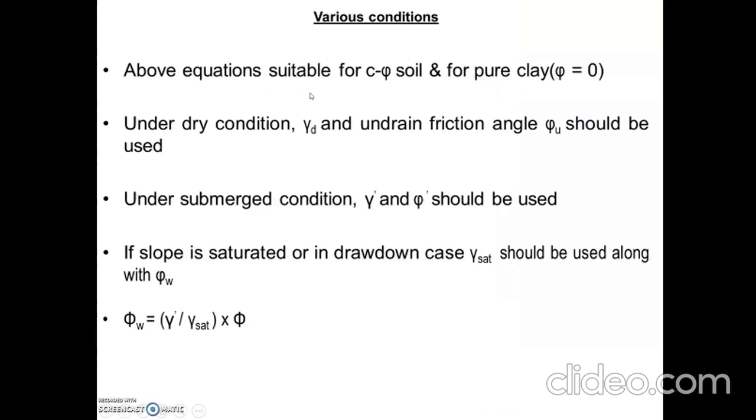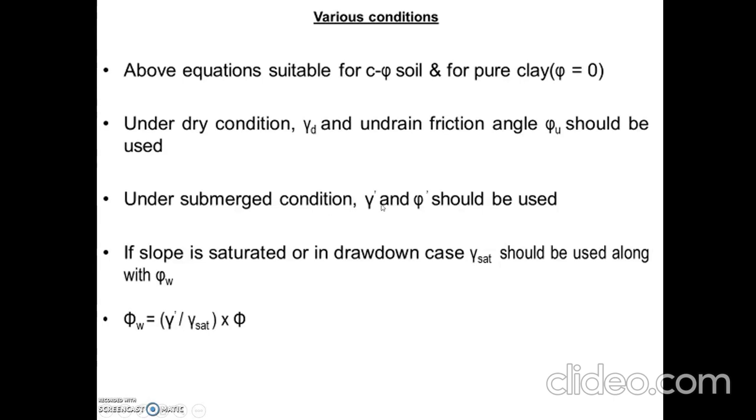These are the various conditions for a site. For example, the above equations are suitable for c-phi soil and for pure clay wherein phi is equal to 0. For dry condition we will have to use gamma d instead of gamma because it is the dry unit weight, and the undrained friction angle, that is phi u, has to be used.